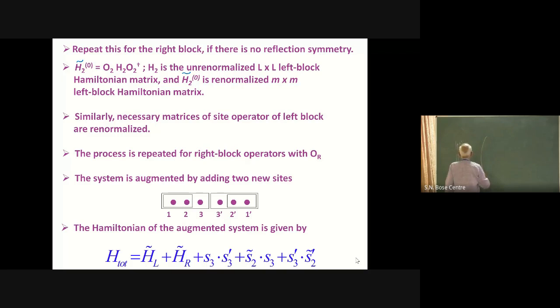And the matrix for this spin, which I call spin 1, will be half, then 0.